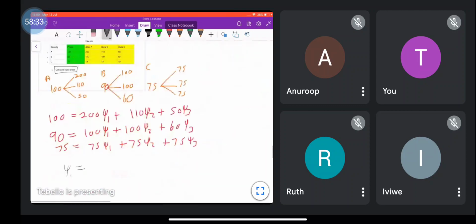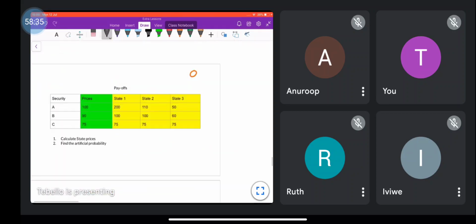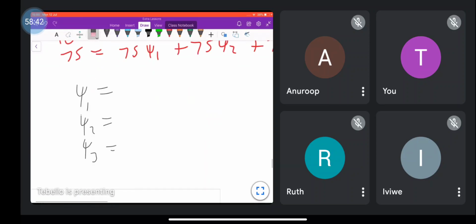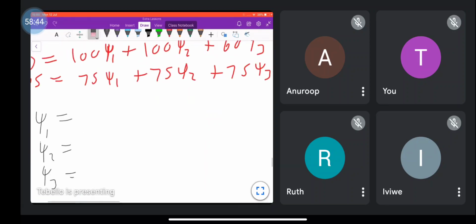So this question here says find the artificial probabilities. To do that, we need to find the state pricing. Do you guys want me to find the state pricing, or should I move on?